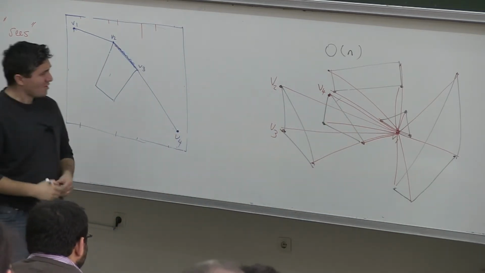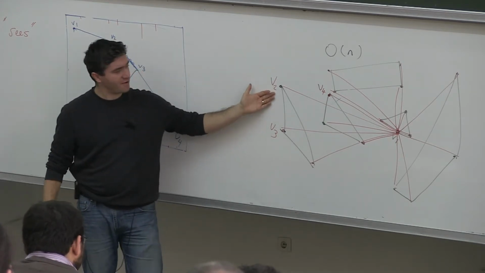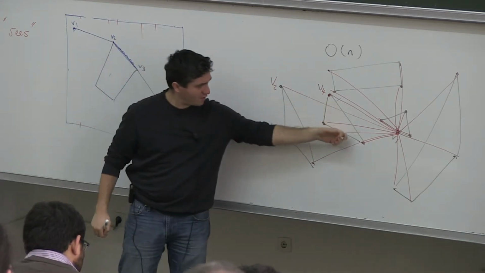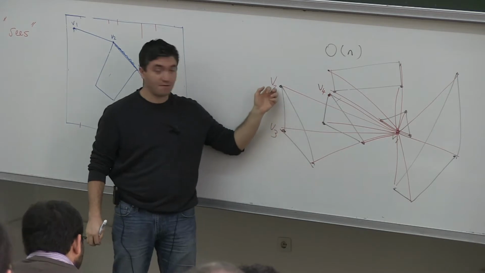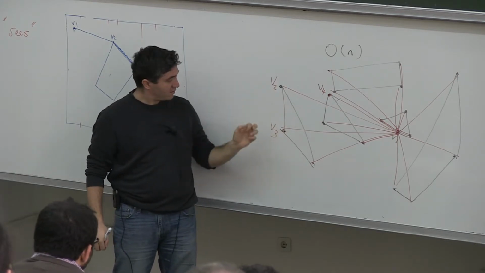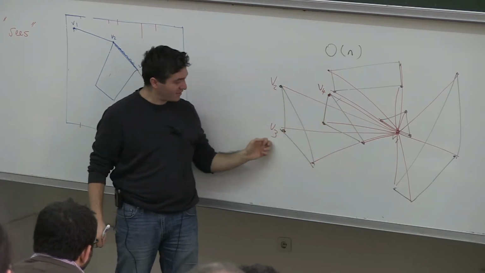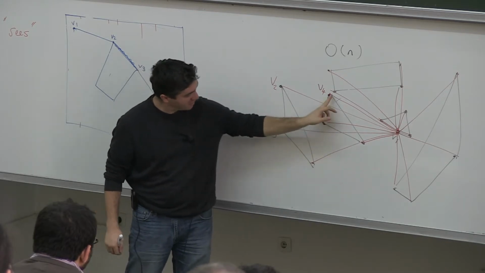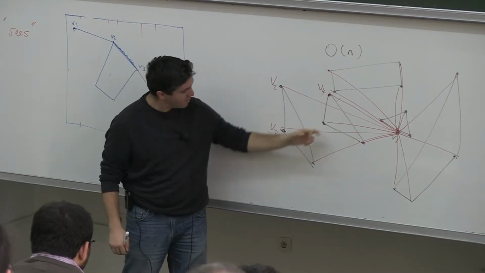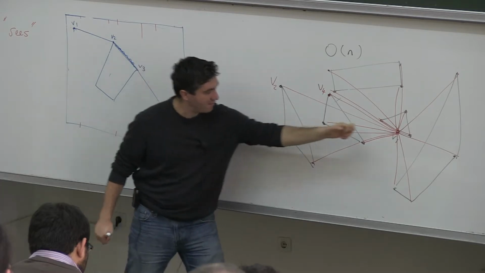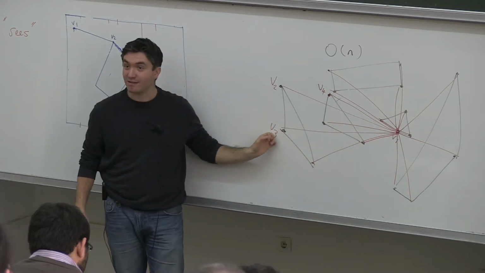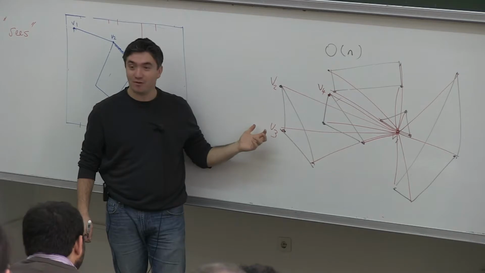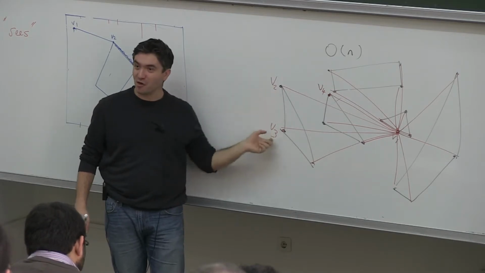But when I come to V2, I realize that these two edges intersect the segment. This long edge here also intersects the V1, V3 line segment.